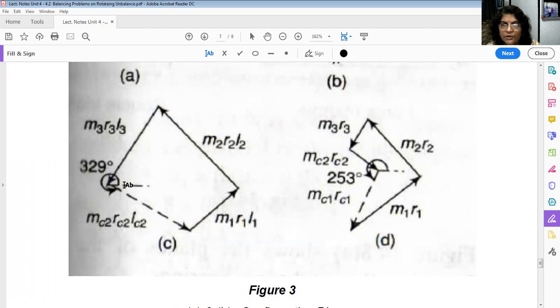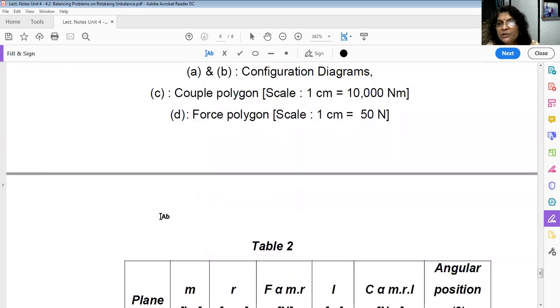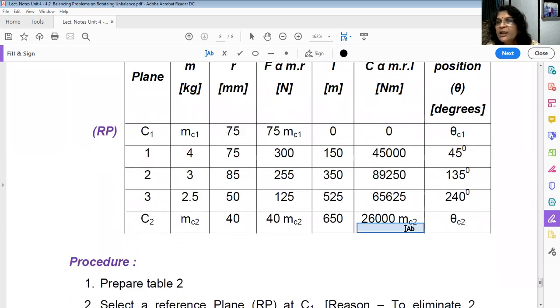Or you can measure it by keeping the angle protracted downward also, and then subtract it from 360 degree. So from here to here, that is nothing but 329 degree. Understood? So we got the 2 unknown values, MC2 and theta C2.